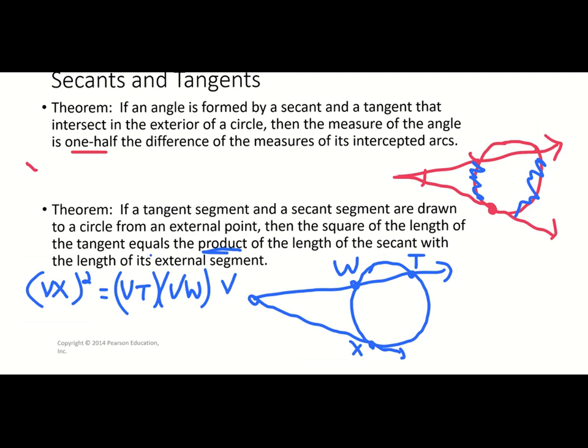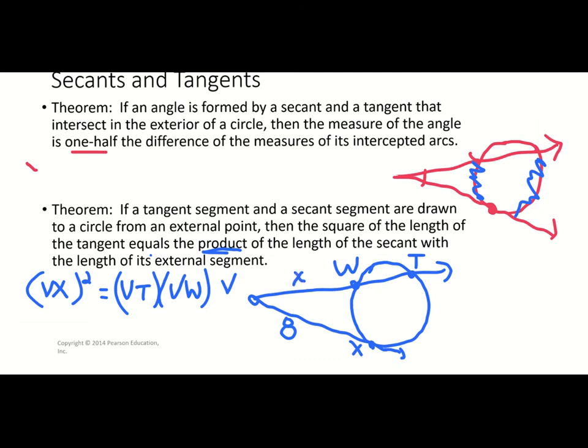So if I do, let's see here, I'm going to say that our tangent segment here is going to be 8. The external segment VW is going to be what we need to find.